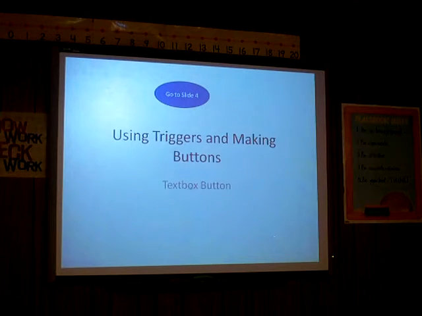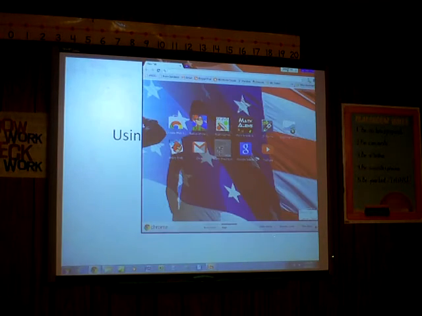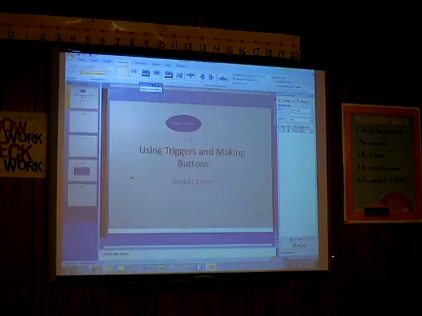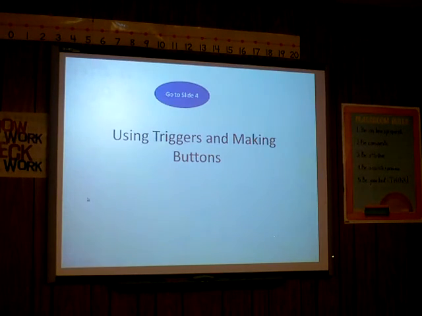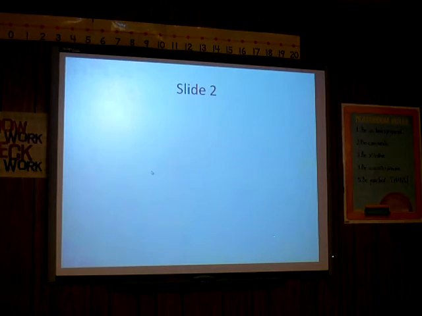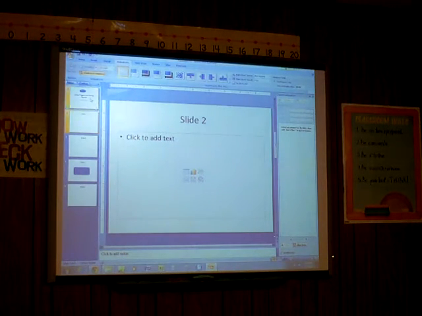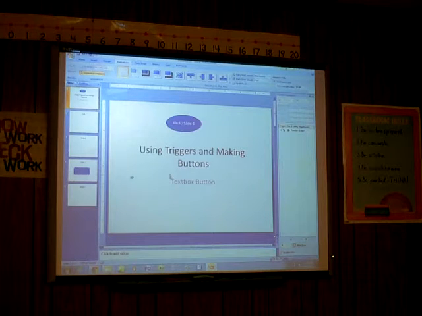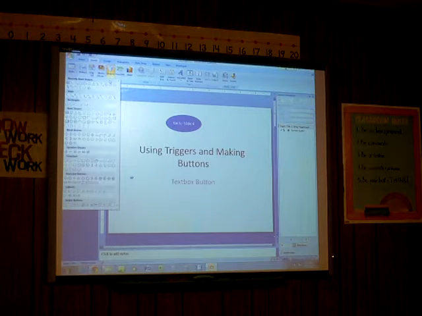If I click somewhere else, again, it just advances. So those are a couple of the options that we have. And the nice thing about this is, you'll notice here, I'm actually going to insert another little shape.